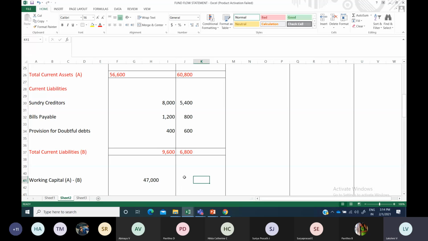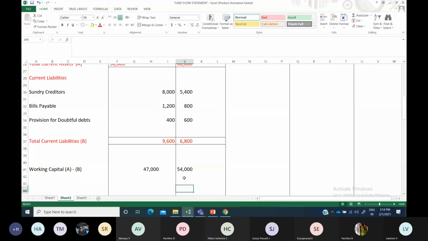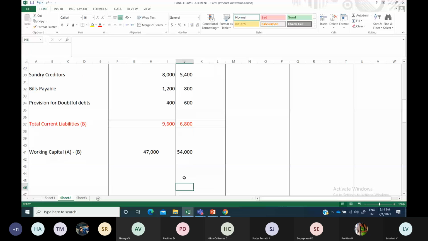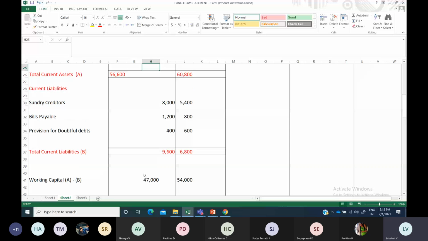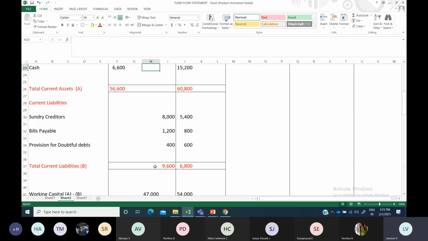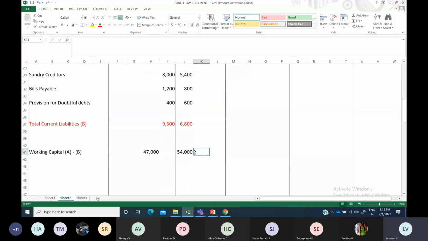Just find out whether you are getting the same answer. So how I got this amount is that current asset 56,600 minus 9,600. Similarly, 60,800 minus 6,600. If I subtract, I'm getting this amount.